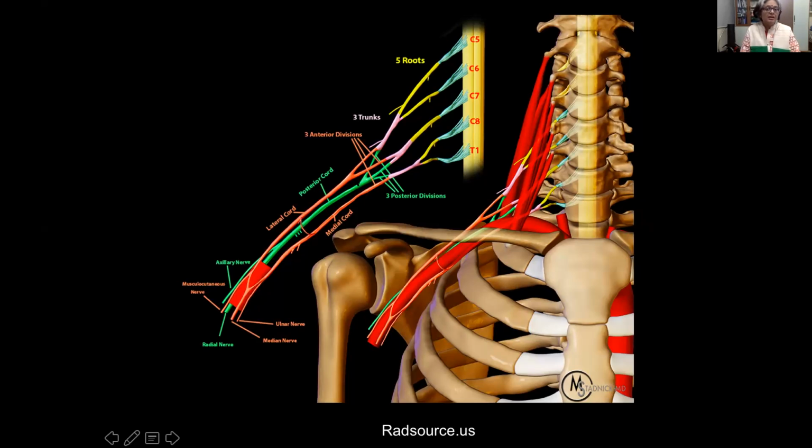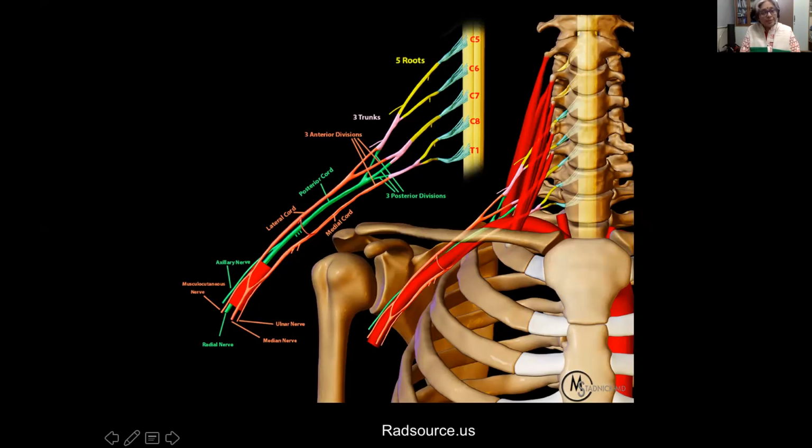And these again unite to form the three cords. These three cords are lateral, medial, and posterior in relation to the axillary artery. And then these cords give out the various branches. The most important major ones are the axillary, musculocutaneous, radial, median, and the ulnar nerves, which will further give branches.